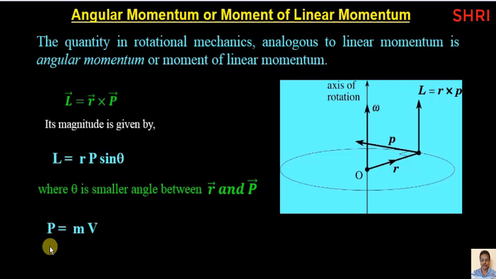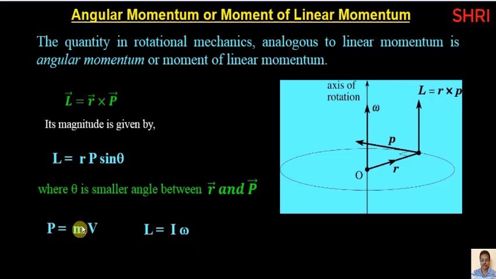Now we know linear momentum is given by the formula p equals m into v. Similarly, this angular momentum will be given by an analogous formula, and that formula will be L equals I omega. How do we get this equation? We know mass is a physical quantity in translational motion.